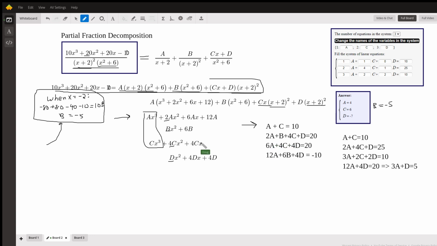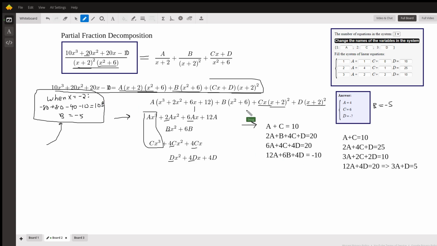We can collect the coefficients of the linear factor. So 6Ax, there's no linear factor here. 4C, 6A, 4C, and 4D has to equal the coefficient of x, which is 20.